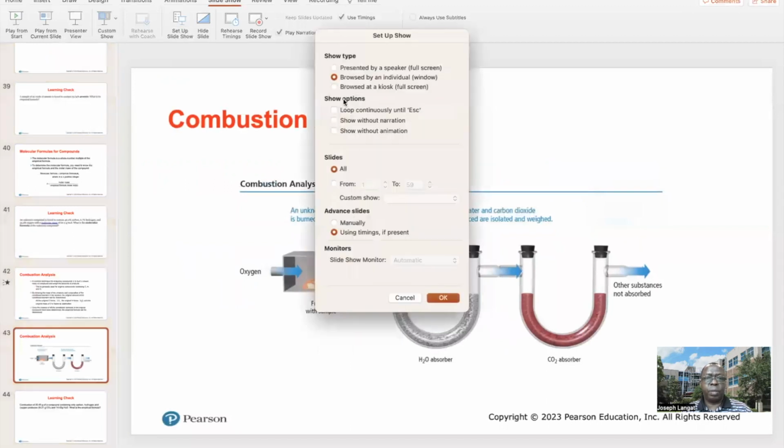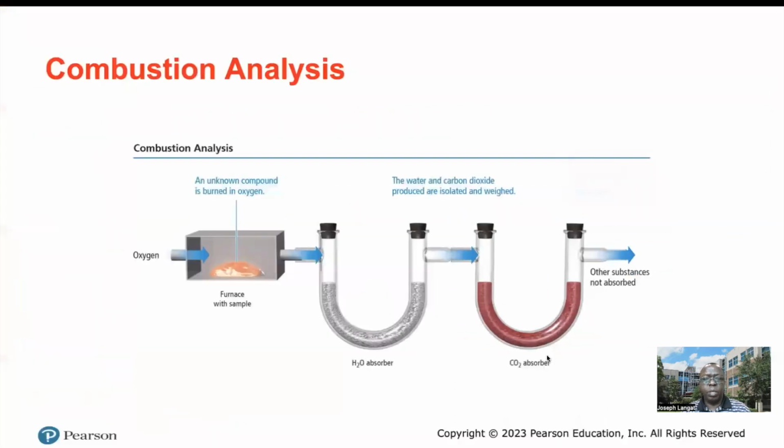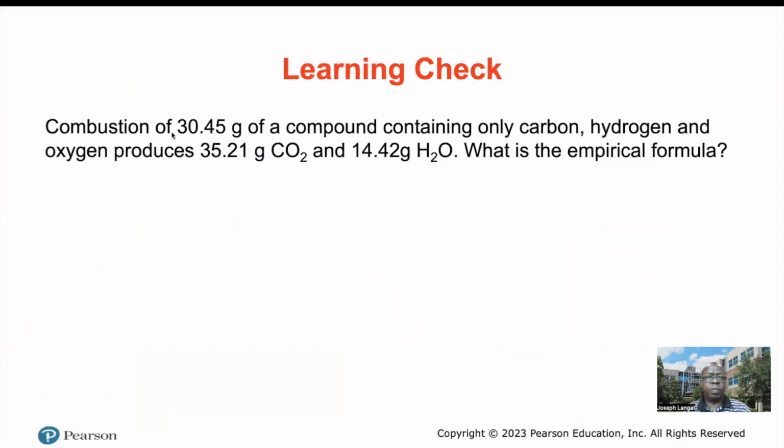Let's look at how this is obtained. For example, here is the combustion of 30.45 grams of a compound containing only carbon, hydrogen, and oxygen, three elements, to produce 35.2 grams of CO2 and 14.42 grams of H2O.